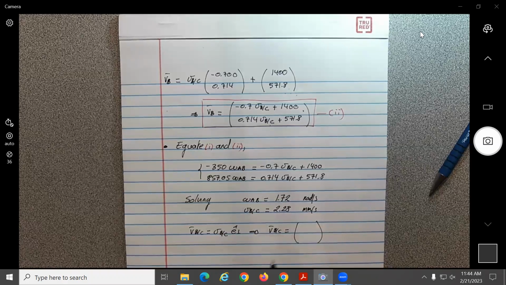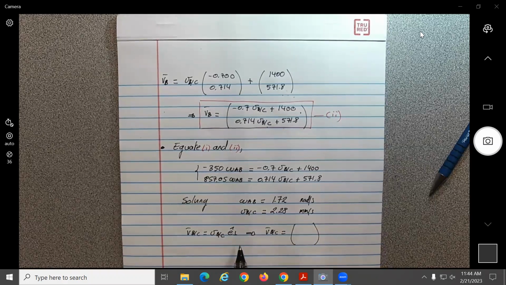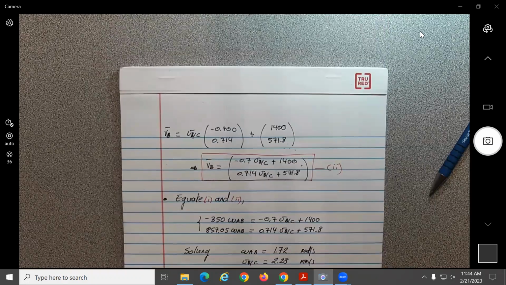Okay, so now I want you to give me this in where this one was what? So 2.28 times 0.7. No, millimeters per second. Yeah, he gave the answer. So it's 2,280? Yeah. So this one will be what? So 0.7 times 2,280?